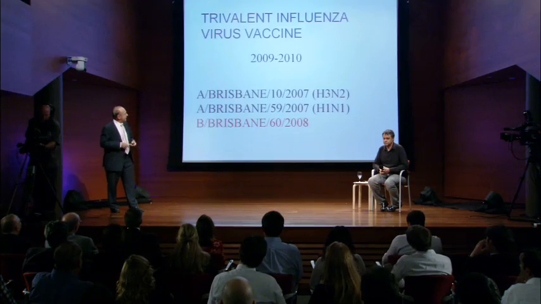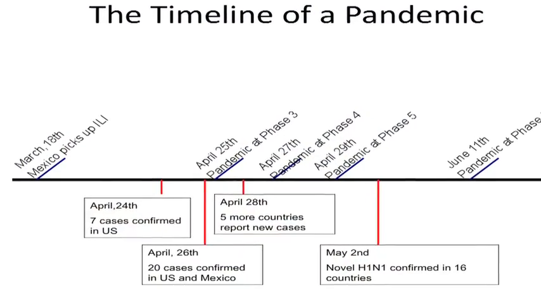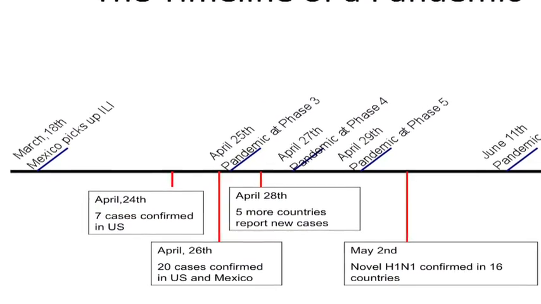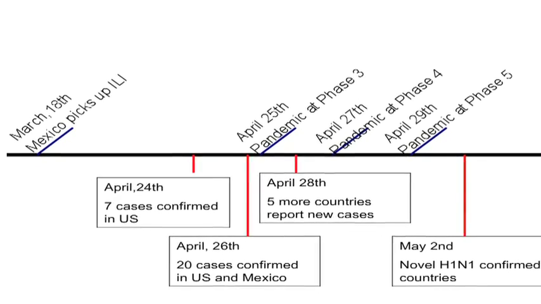If we would only expect these three variants, we would all be happy. But what happened at the end of March, April of this year was that a new virus emerged. That was a virus which belongs to this H1 group and is known as either the new swine virus or the Mexican virus.